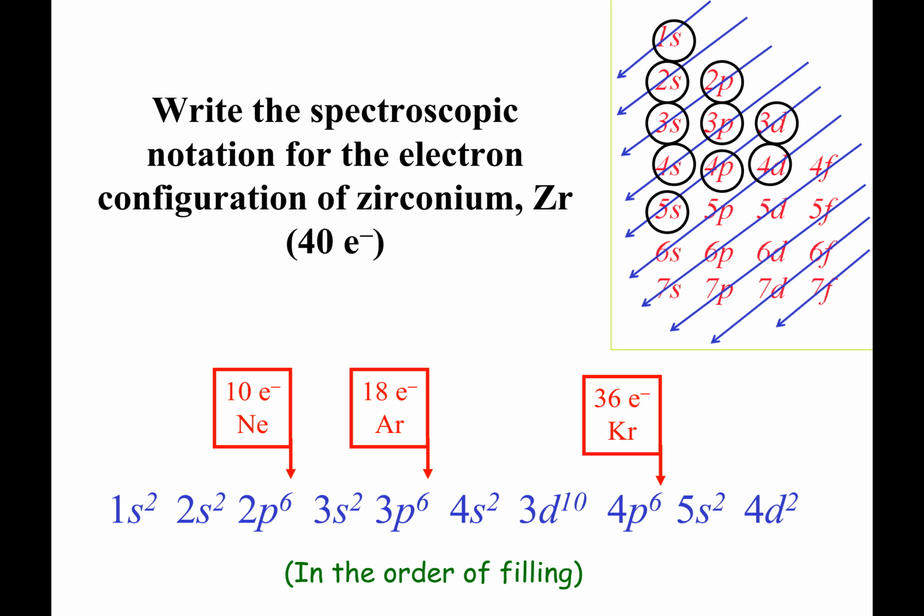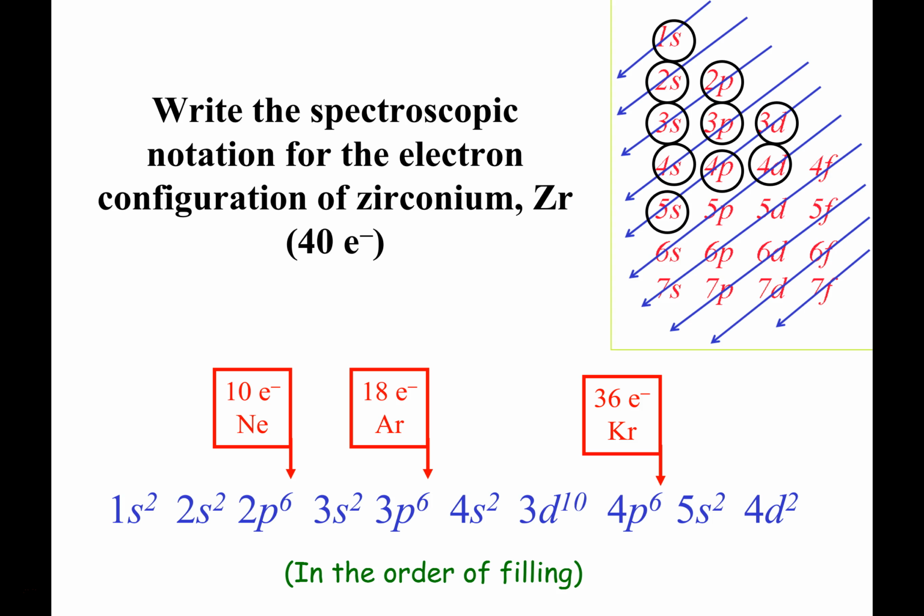So when I talk about highest n, I mean the n of the subshell. So for instance, we have n equal to 1, n equal to 2, n equal to 3 for both of these. And n equal to 4 for all 3 of these. And we have n equal to 5 right there. So actually, our highest n is equal to 5. And so the valence electrons, there are 2 of them, and they are the 5s2 electrons.